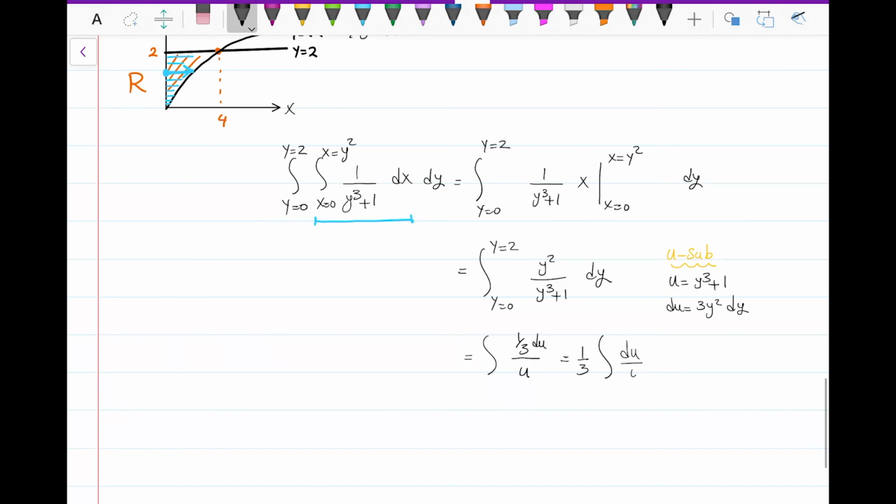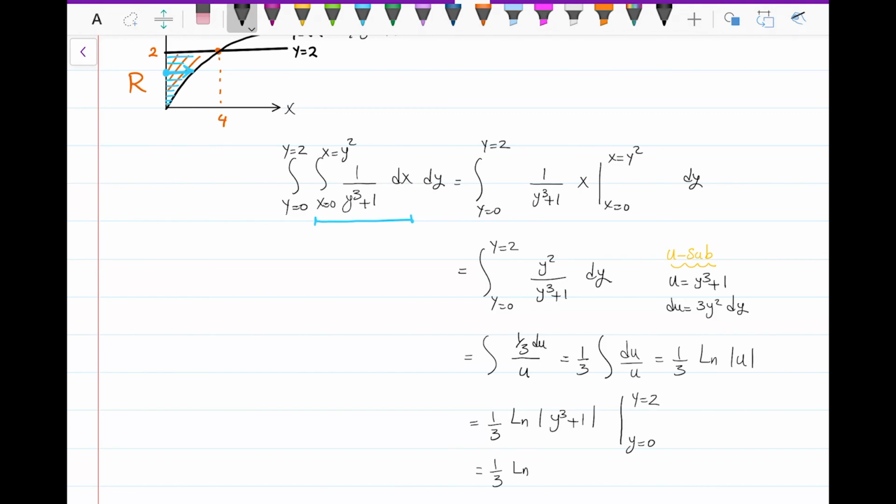The integral of du over u is ln of the absolute value of u. Now replace u with the function, which was y cubed plus 1. Don't forget the bounds. Now that everything is with respect to y, I can use the bounds: y equals 0, y equals 2.